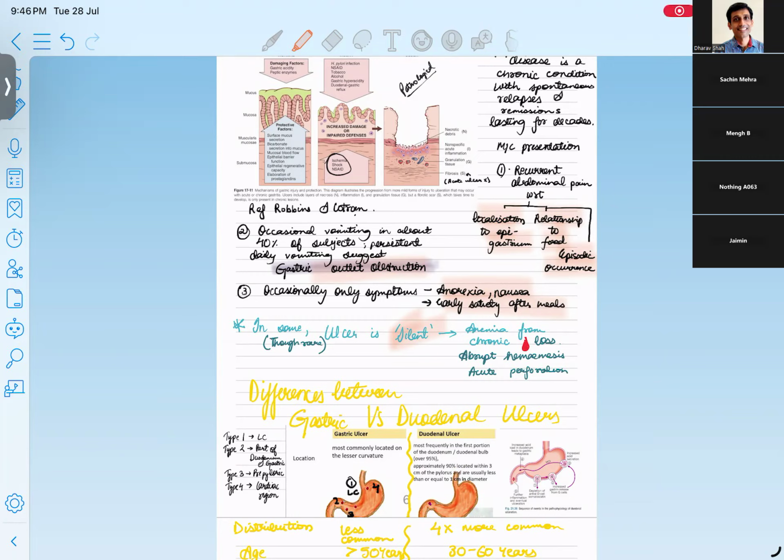So we have to move on with a comprehensive history, of NSAIDs, alcohol, how much of that use there is, and then move to investigations.